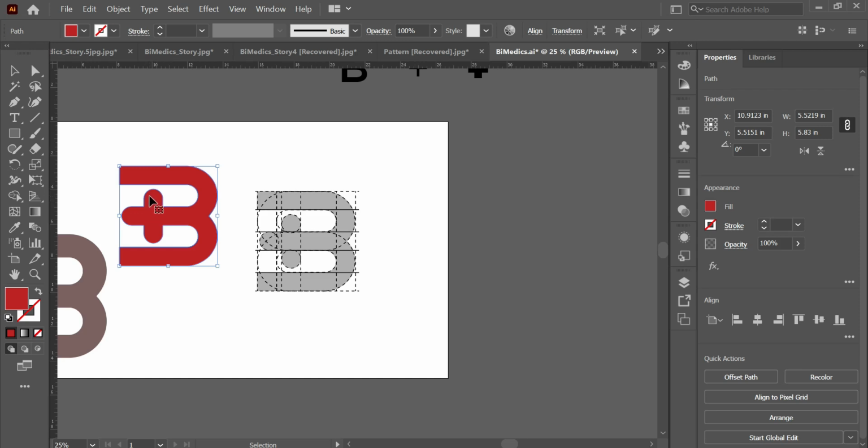The cross is first aid, and the idea behind biomedics is to provide things easily for the client, so that you won't need to jump from this hospital to that hospital. So you have everything you want in a particular hospital. That's the idea behind the brand.